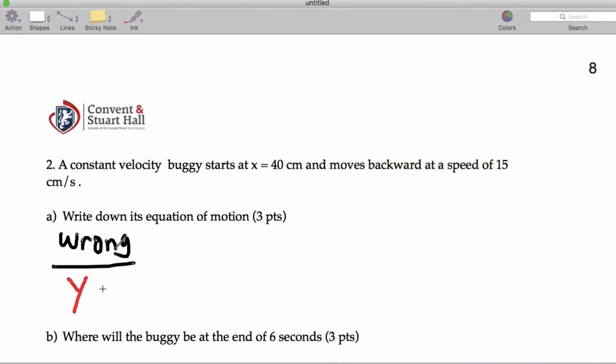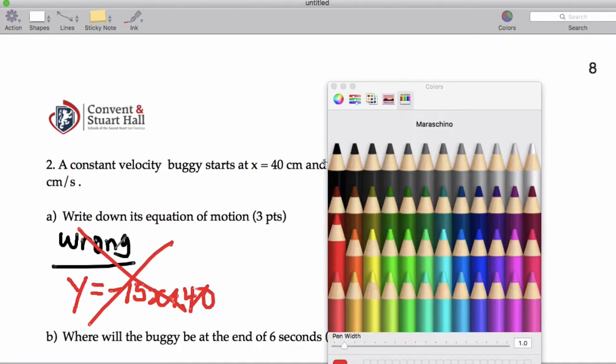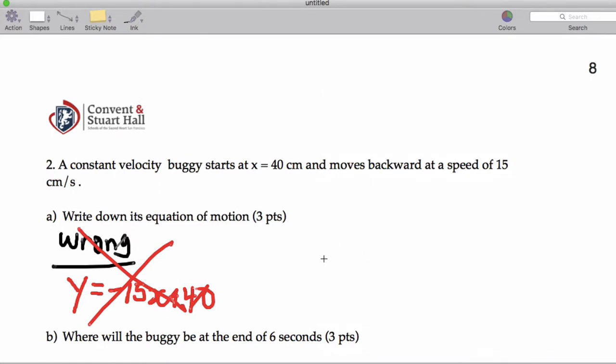So when you write down y equals negative 15x plus 40, I will not accept that answer and you will be marked off points. I need you to start using the physics letters of x for the position equals negative, okay?